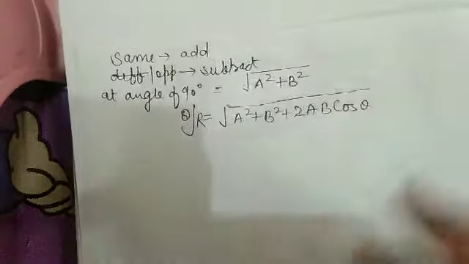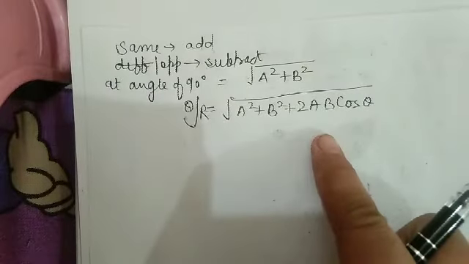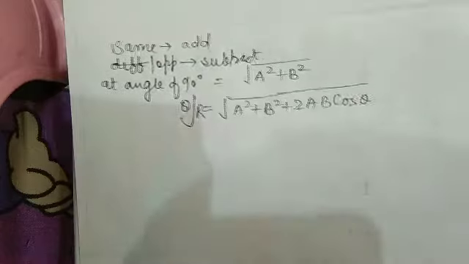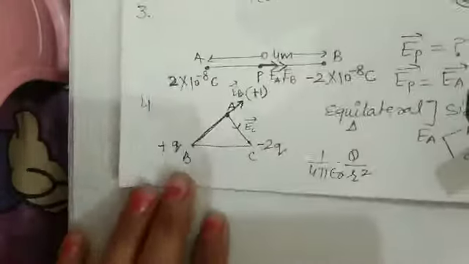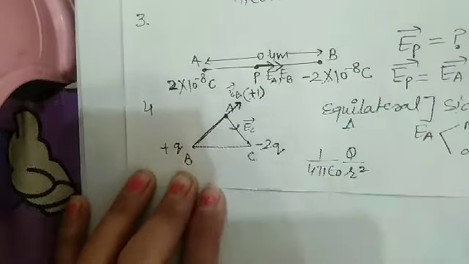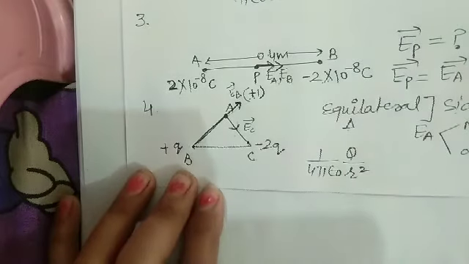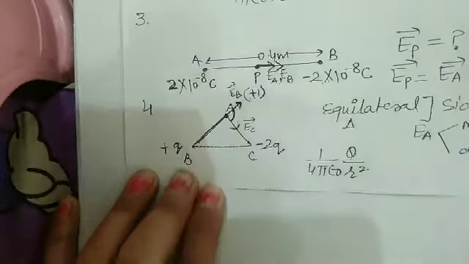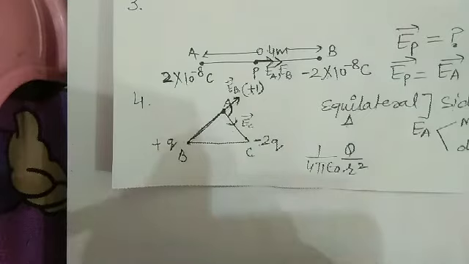You know it is the result of the parallelogram law or triangle law of vector addition. In the present case, you have two electric fields along different directions, neither the same nor opposite, so you can't get the result by addition or subtraction. You have to find the result using the parallelogram law of vector addition.